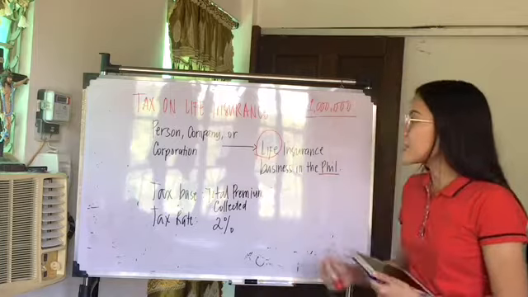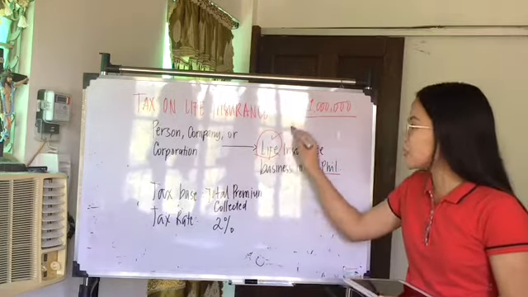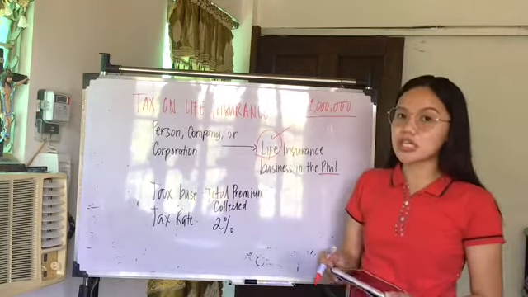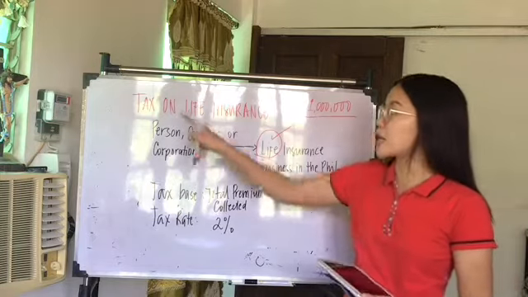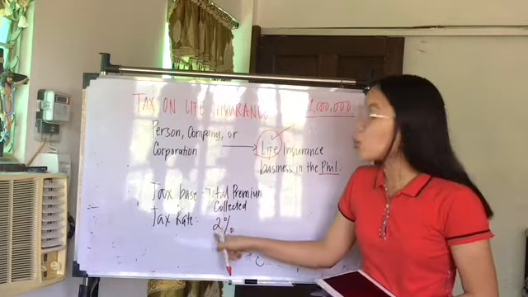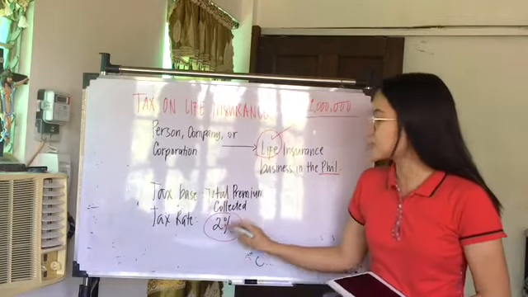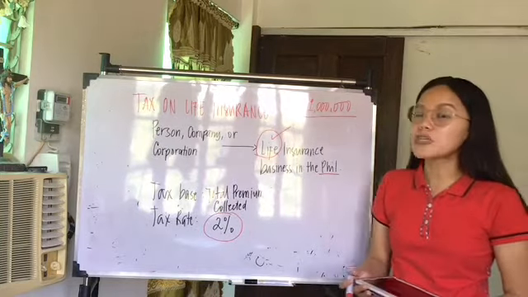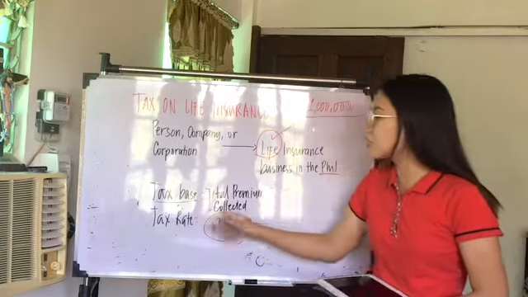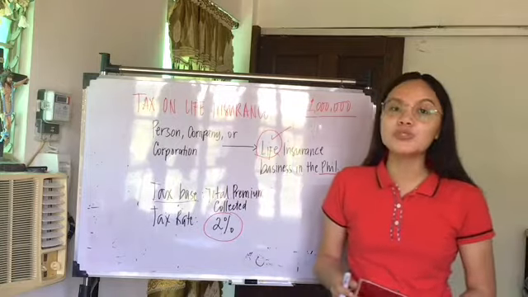That is why, take note that it should be life insurance in order for you to be subjected to a 2% percentage tax rate. The tax base would be the total premiums collected.